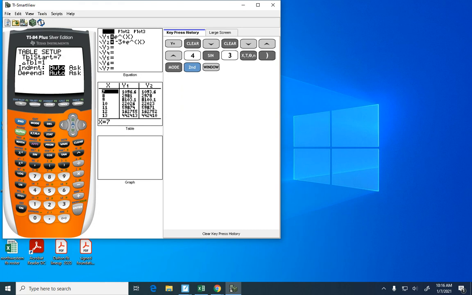I'm going to start it at 0, and I'm going to increment this out every 15 degrees. So if I now go to my second and my graph button, which is my table, I get the exact same values, but your calculator will generate them for you, which is nice.